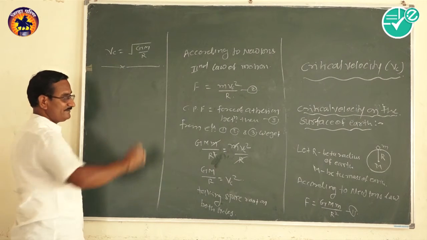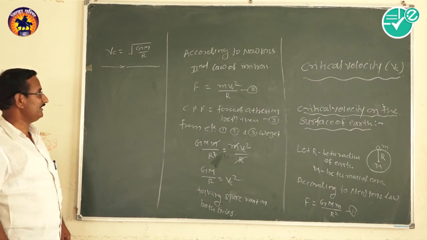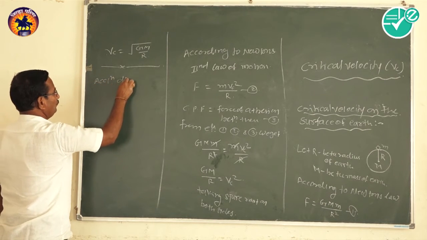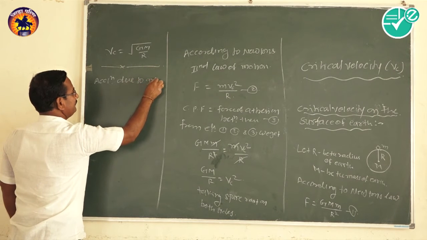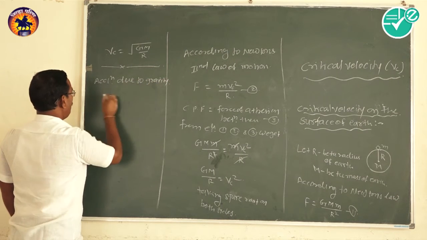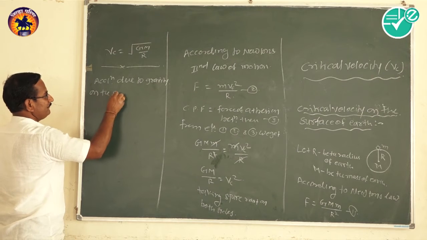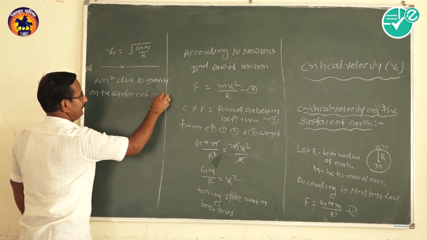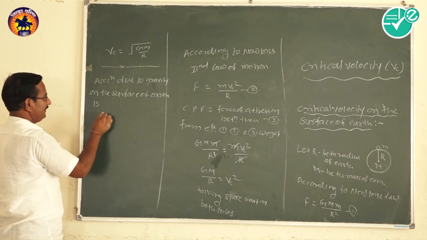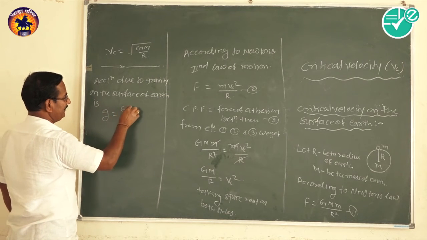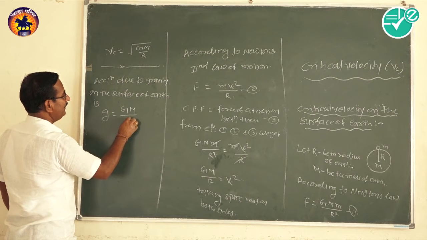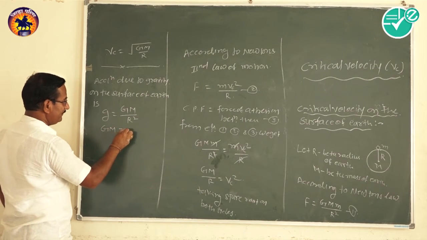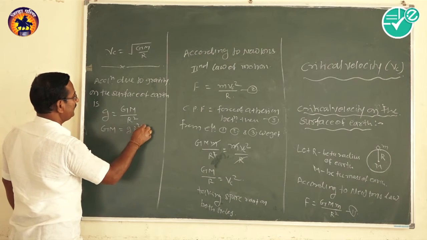But we know that the acceleration due to gravity on the surface of Earth is small g, equal to capital G capital M divided by r square. So capital G capital M is equal to g into r square.